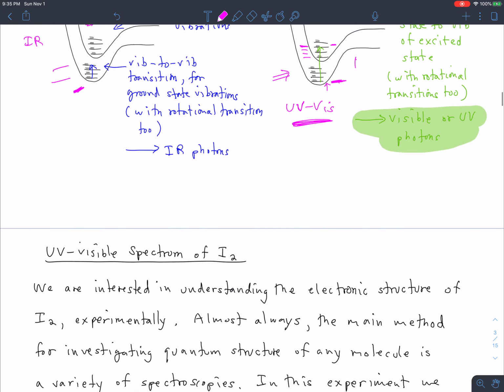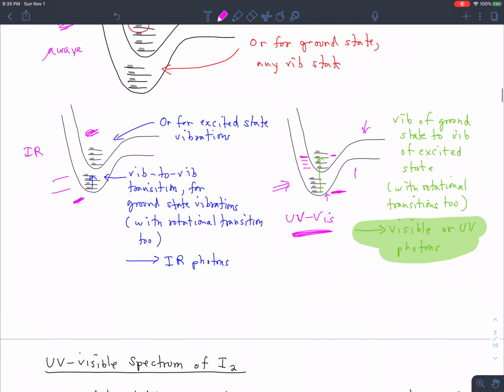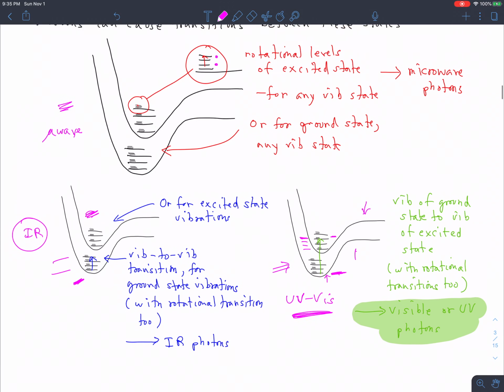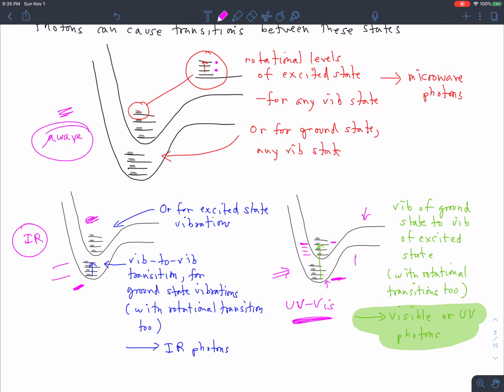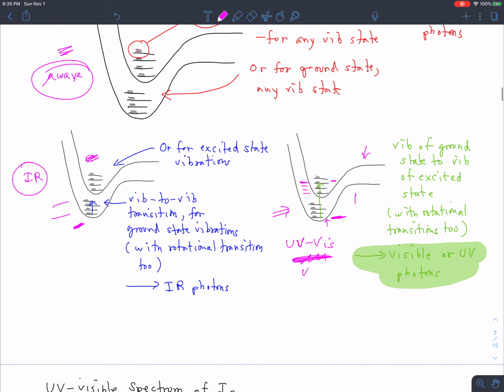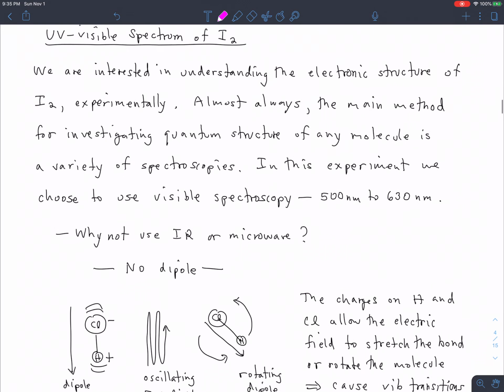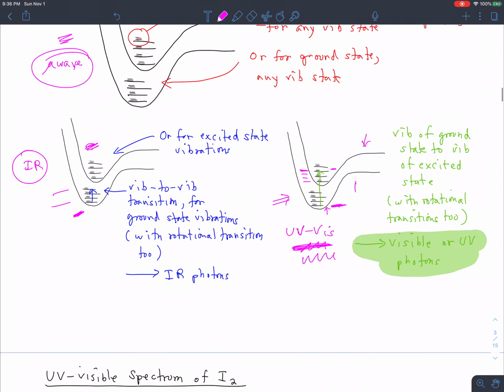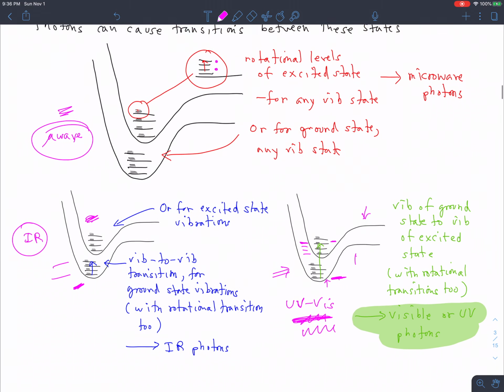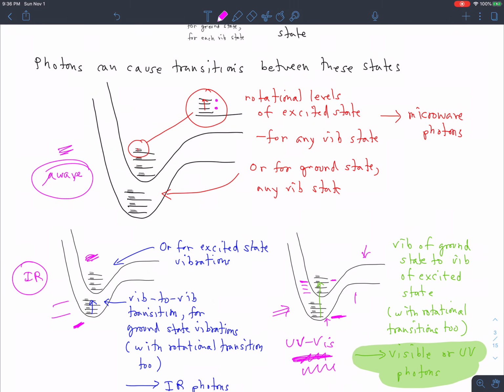So why not use IR or microwave radiation instead of using UV-vis? Well, UV-vis has some advantages in its own right, but there's a really good reason why we don't use microwave or IR spectroscopy for this experiment, and that is that the I2 molecule can't have a dipole moment.